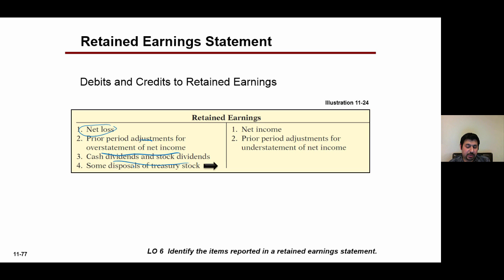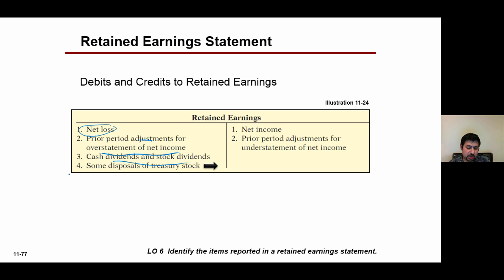And we have also, as you remember, the beginning balance, add net income or subtract net loss, and then we also have less dividends.